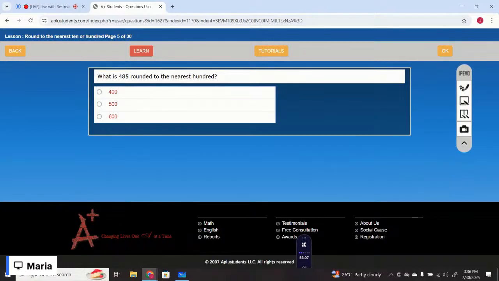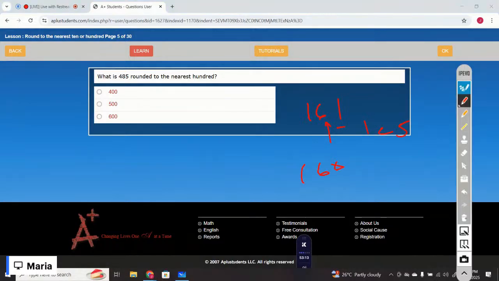What is 485 rounded to nearest 100? So we have 485. 4 is at the hundreds position. Right next to 4, we have 8. 8 is greater than 5. So we need to round up.